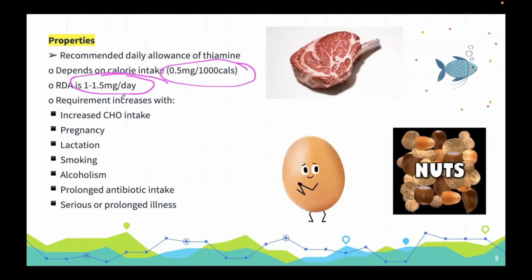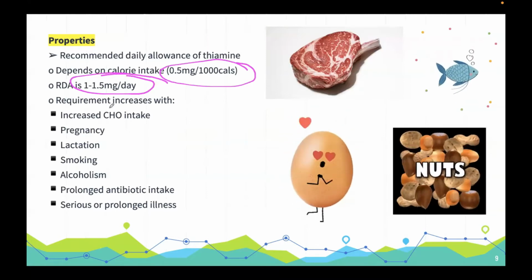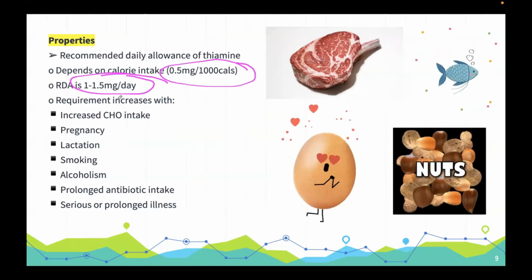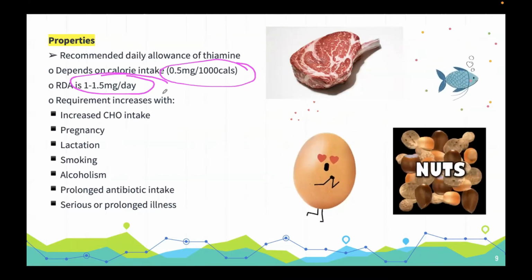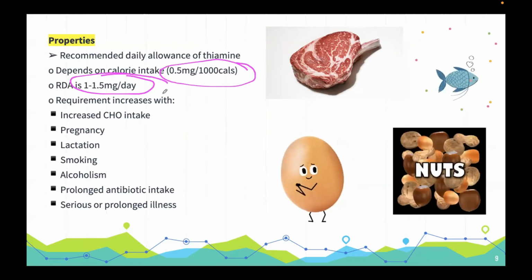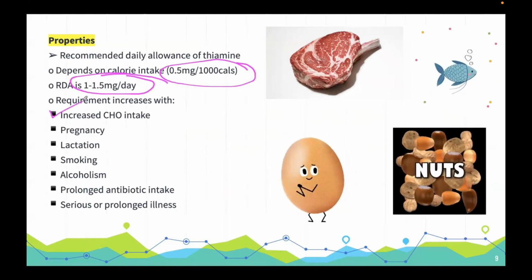Usually the RDA is only 1 to 1.5 milligrams a day. But there are instances where we should also increase our intake of vitamin B1. What are the instances where the requirement for vitamin B1 intake should increase? Number 1, increased carbohydrate intake.